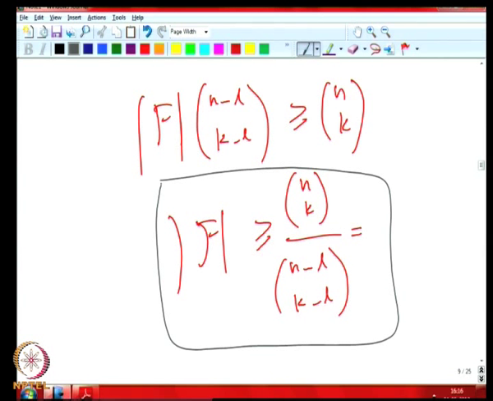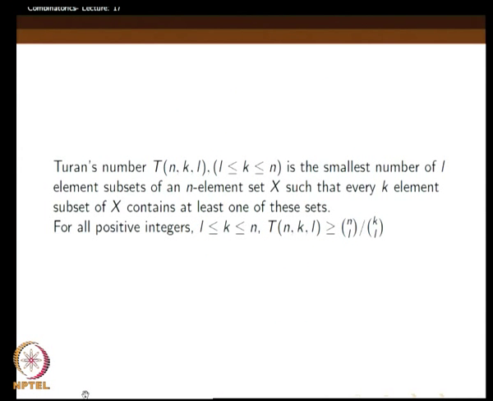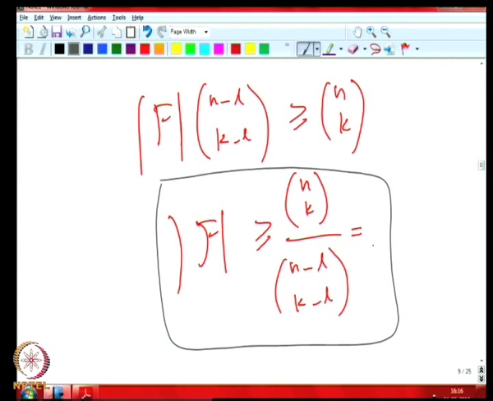This is definitely true, but again go back to that theorem: what we want to show is N minus L by K choose L, right. So we somehow want to show that this one is equal to N choose L by K choose L. This is what we want to show.